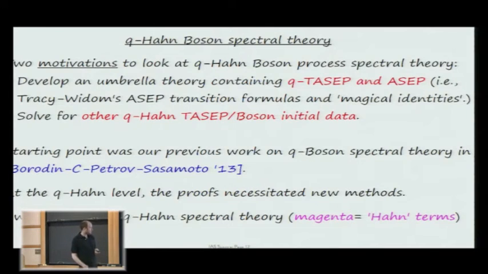The proofs, however, are quite different, and in fact, by going up a little bit higher, the proofs, in a sense, became a little bit less ad hoc and nicer, in my opinion. So if you're interested in what changes between this Q-Boson and the Q-Hahn boson setting, I've written all those terms in magenta, so you'll see that it's not so much.